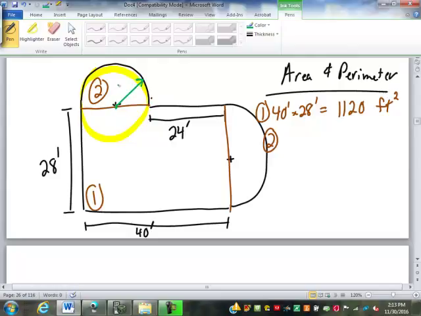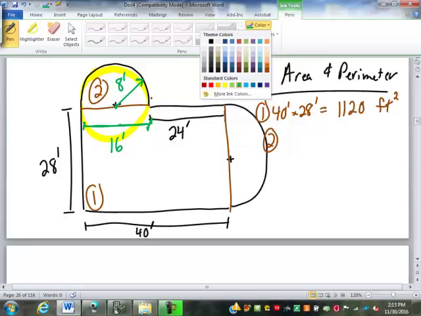For area, I need radius. For circumference, for perimeter, I'm going to need diameter. I can't find the radius directly, though. I'm going to have to find the diameter first. What is this diameter across here? I heard somebody say 16. Good. So that makes the radius 8, half of the 16.